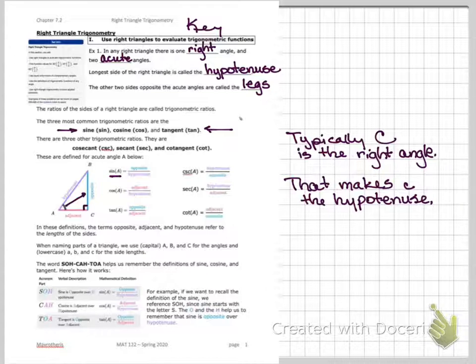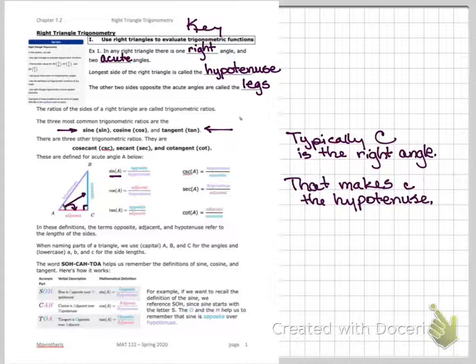The hypotenuse will always be across from the right angle. And then we have an adjacent side, which is the side next to the angle that is not the hypotenuse. Okay? So keep in mind we're talking specifically about angle A here. If we were talking about angle B, hypotenuse would stay the same. The opposite and the adjacent sides would swap, be different.